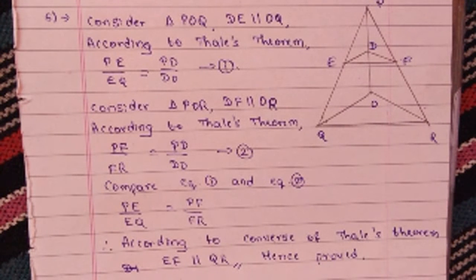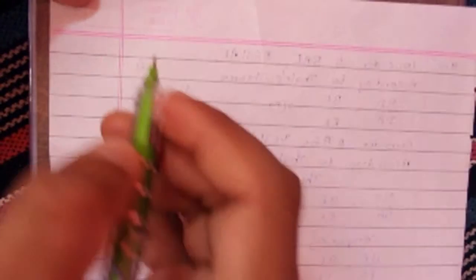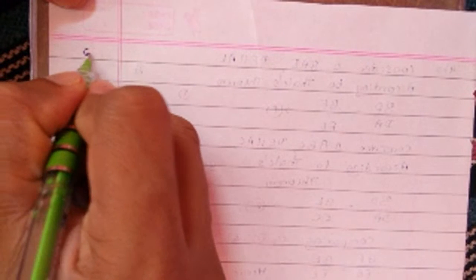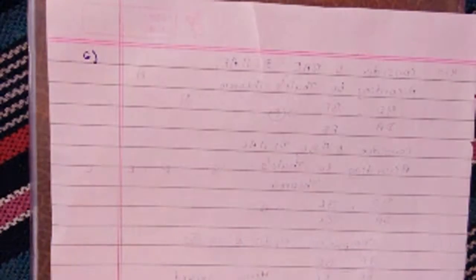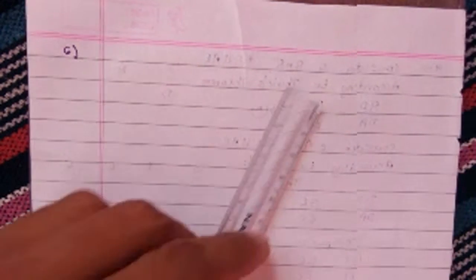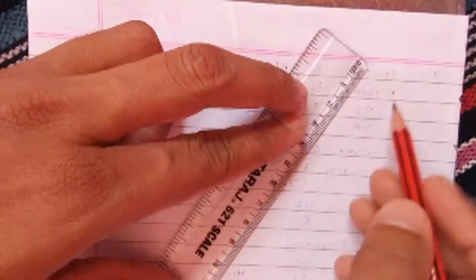Okay, then sixth problem. In the sixth problem, it is given that in the figure 2.21. Okay, I'll continue the next problem. Problem number 6. In figure 2.21, first I will draw that figure. One triangle is present.